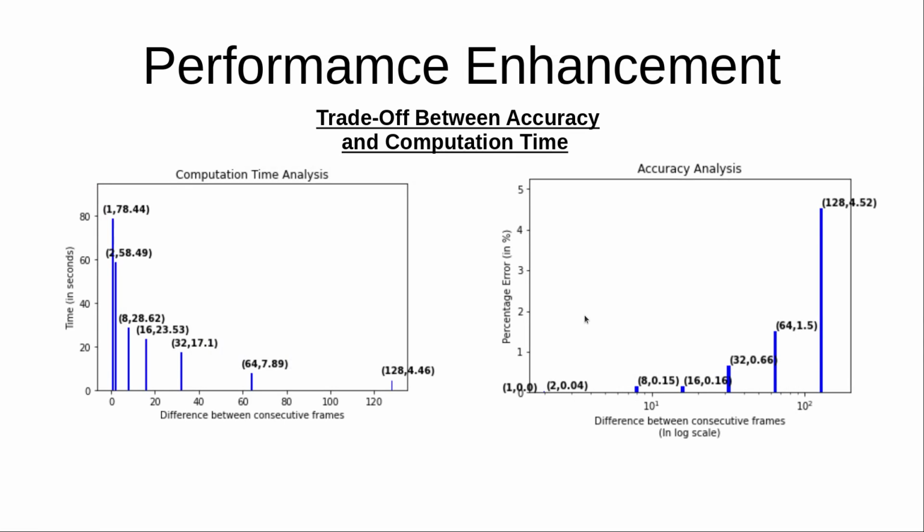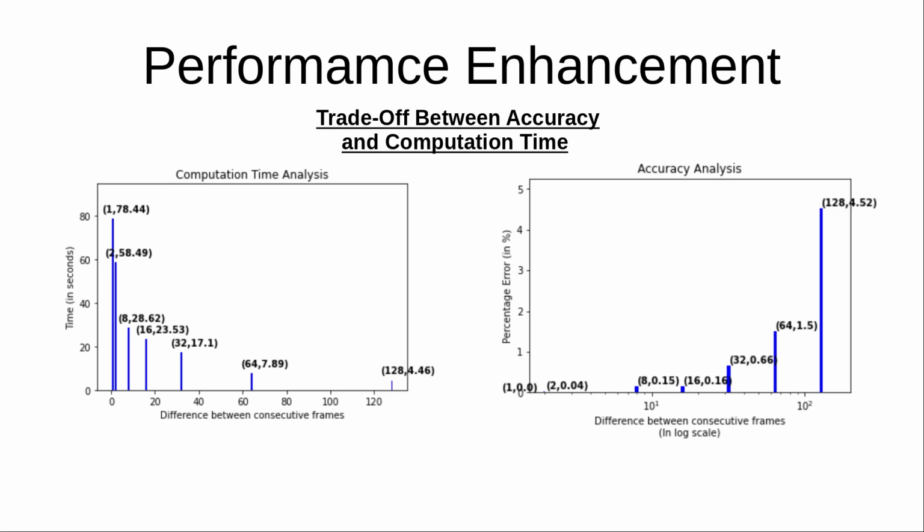One more thing that we have added in this release is the performance enhancement. We have talked about this with our client as well. There is a trade-off between the accuracy of distance and the computation time. There are consecutive frames, or you can say entries, in GPX files, and two entries are really close to each other.